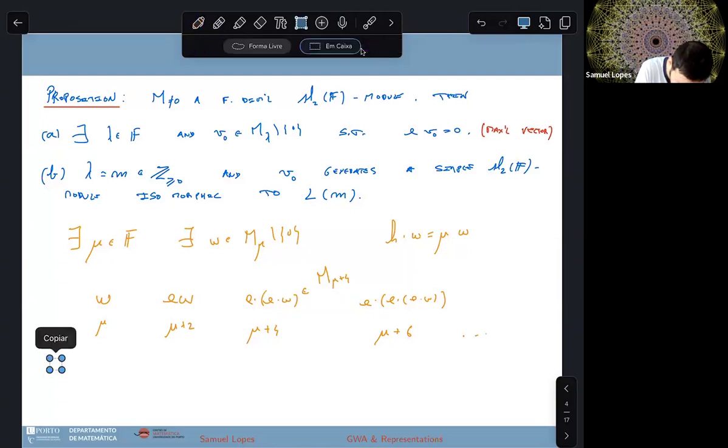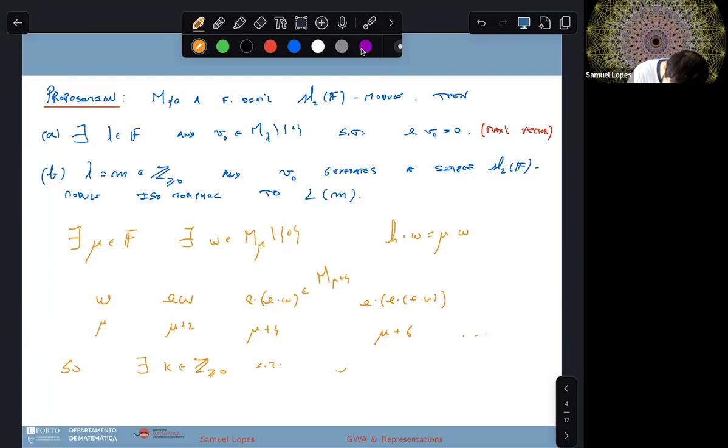So by what I said, there exists some power, let's say k, such that when I do e to the k acting on w, this is not 0, but if I do it one more time, this will be 0. Now I'm calling this vector v0. So it's a non-zero vector, and e acting on v0, that's e to the k plus 1 w, is equal to 0.